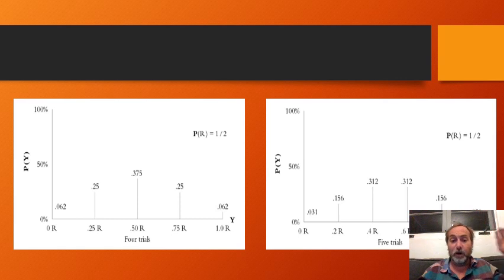The probability of getting no reds or all reds is 0.062. So we're getting more possibilities, more spread out, and the probability of each particular outcome is all going down. With 5 trials, 0.4 and 0.6 relative frequency of Rs is 0.312. Now the probability of getting no Rs is down to 0.031.